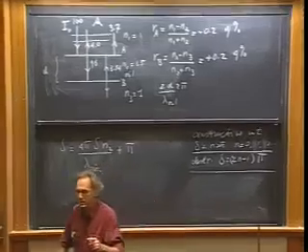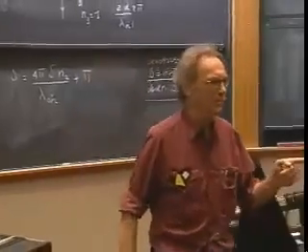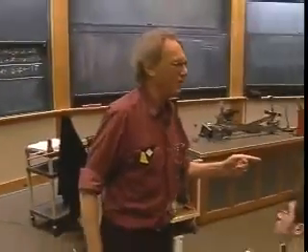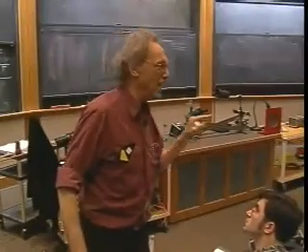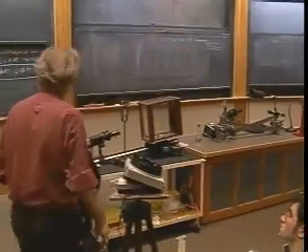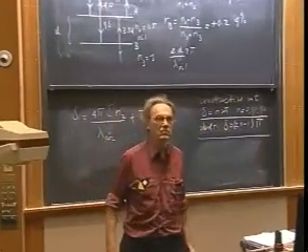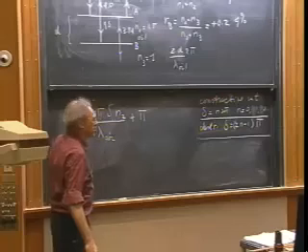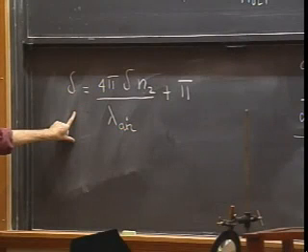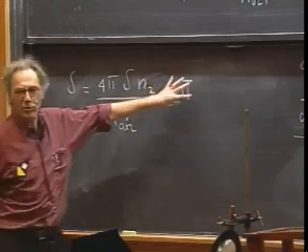Keep in mind, if someone wanted to be nasty to you on an exam, of course not I, they could make N3 larger than N2. What would change in this equation? The pi would disappear, that's all.